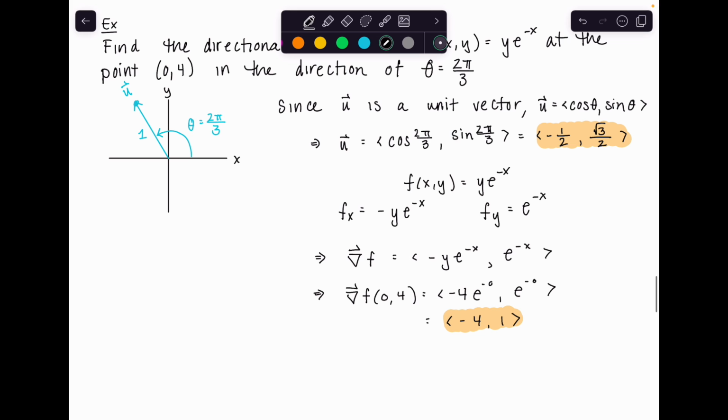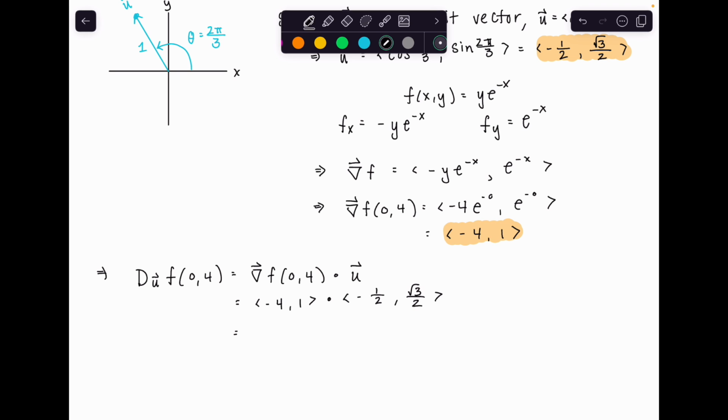So I can figure out that the rate of change of the function f in the direction of u at the point (0, 4) is just the dot product of these two. So I'm going to take the vector (negative 4, 1), and I'm going to dot product it with u, which is (negative 1/2, root 3 over 2).